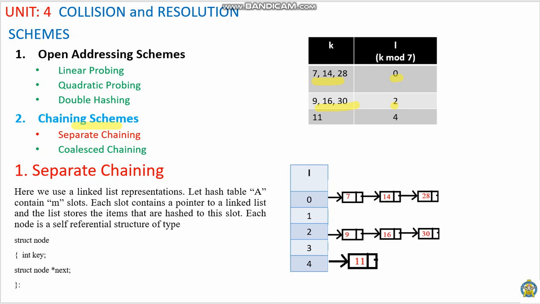What happens here is each record hashed is linked together as nodes of a linked list and tied to the location hashed. So for example, 7, 14, 28 are hashed to location 0, so they are linked and connected to location 0. Similarly, 9, 16, 30 to location 2, and 11. So this is called separate chaining.